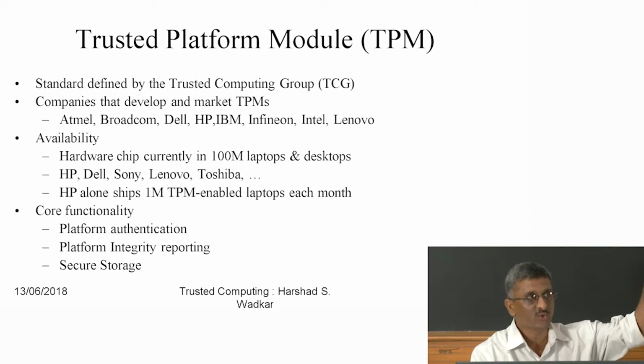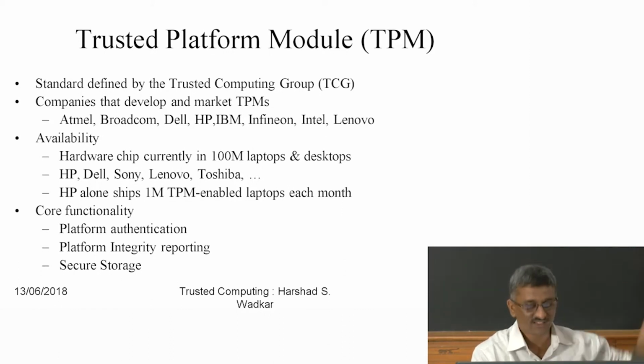The diagram that I showed you on my first page has a chip, which is an Infineon chip. As for availability, it is a hardware chip, and currently 100 million laptops have these chips. Around $2 to $3 I can get one TPM chip, which means around 300 rupees.